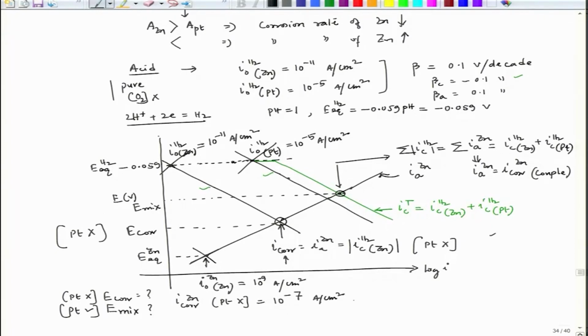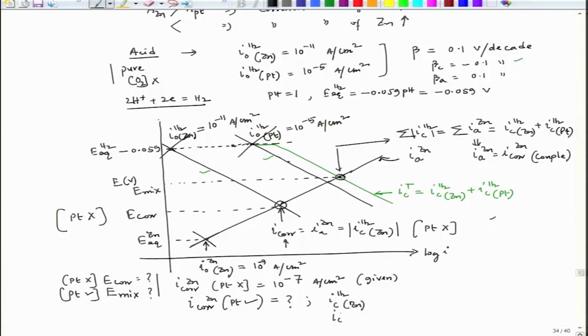Now, this is the value given. So, these two we have to calculate. Another thing we have to calculate is I corr of zinc when platinum is present. And individually we have to find out IC hydrogen over zinc surface as well as IC hydrogen over platinum surface.